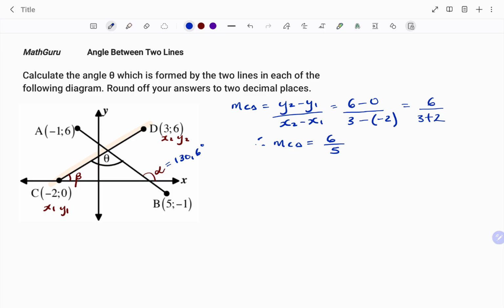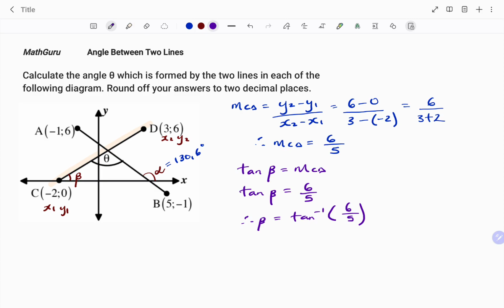To find beta, or the angle of inclination of the line CD, I have tan of beta equals the gradient of CD. So tan of beta equals 6 over 5. That's a positive gradient, so the angle is acute. Therefore, my beta will be arctan of 6/5.